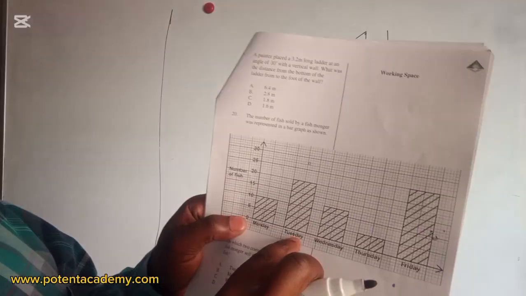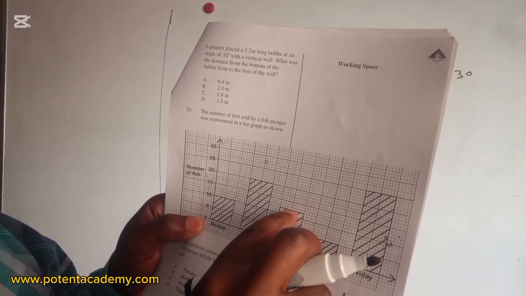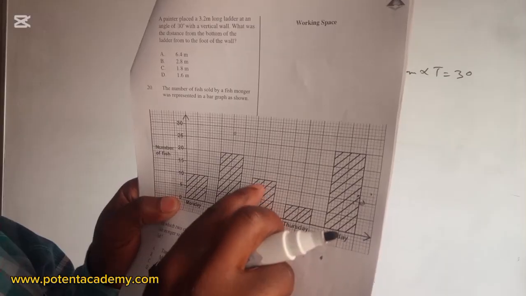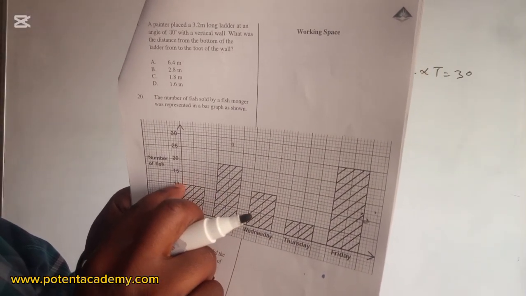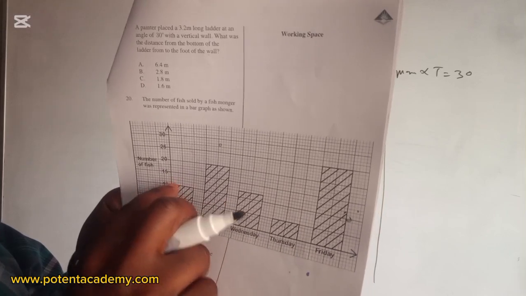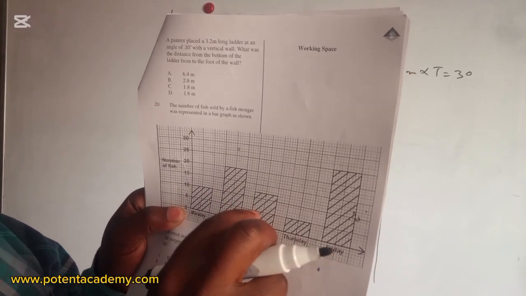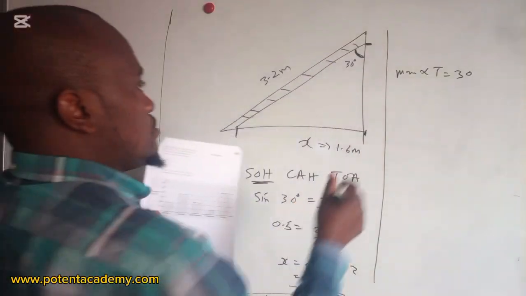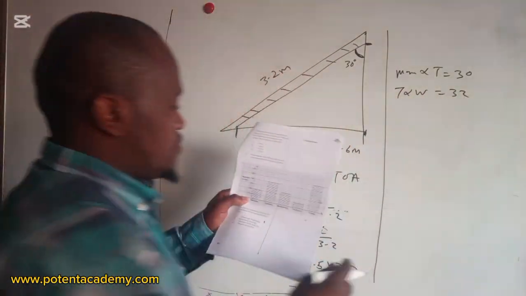Then Tuesday and Wednesday, 20 plus, this must be 12. You need to be able to read this, because each small box represents 1. So 2 boxes represent 2. So 20 plus 12, that must be 32. Tuesday and Wednesday is 32.